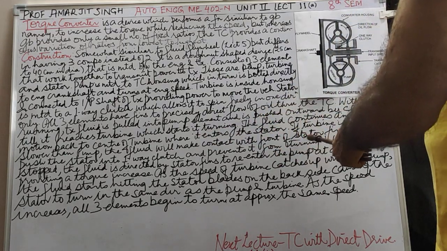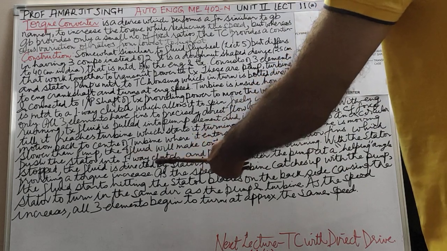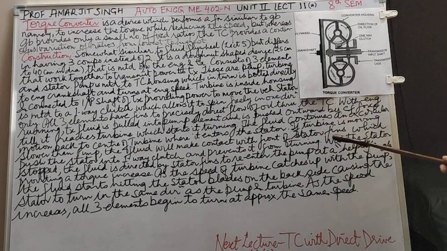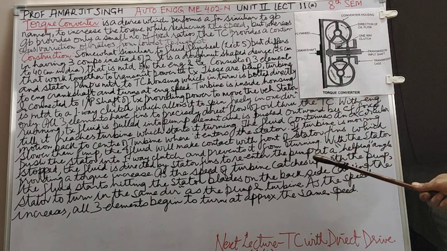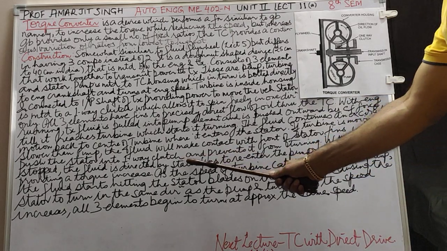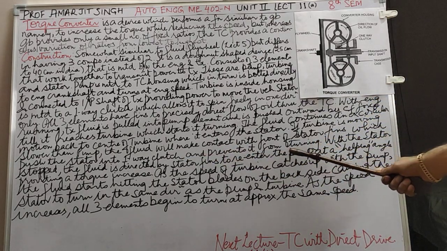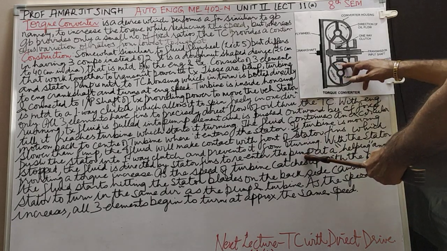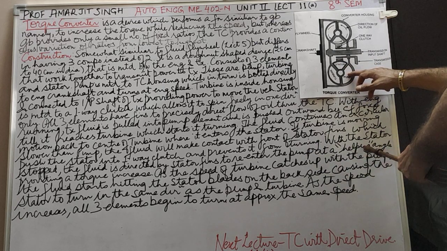The fluid will make contact with the front of the fins, which will push the stator into the one-way clutch and prevent it from turning. With the stator stopped, the fluid is directed by the stator fins to re-enter the pump at a helping angle.